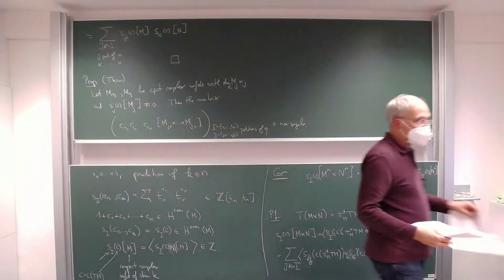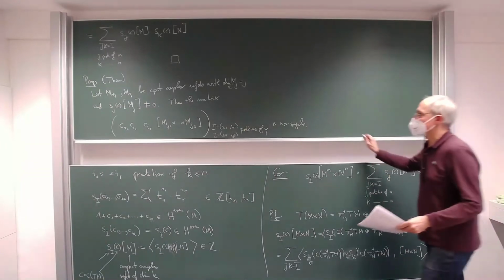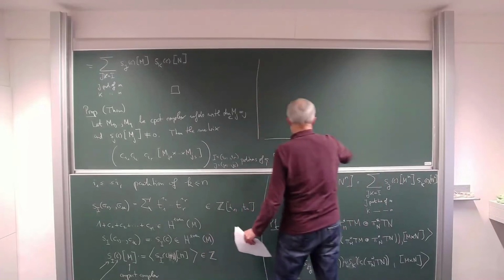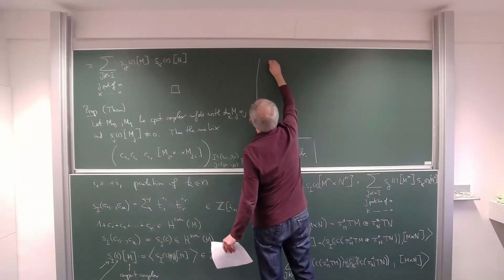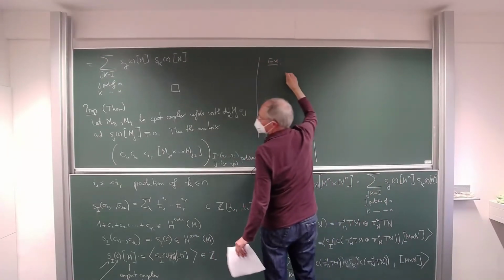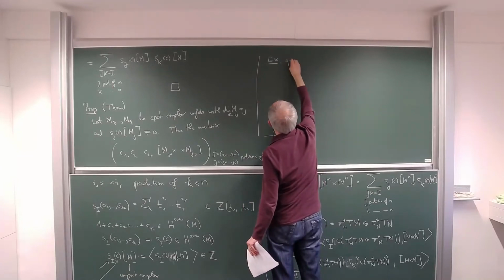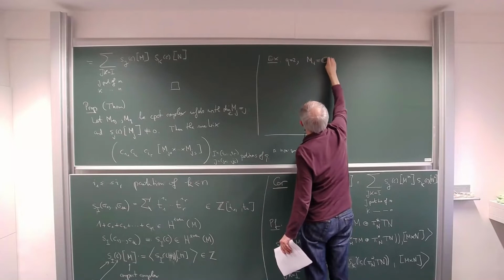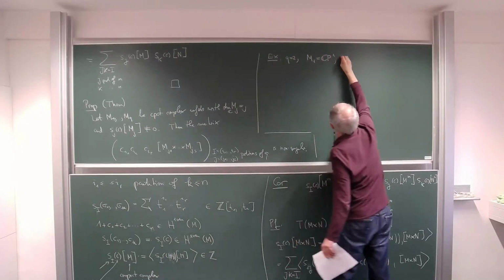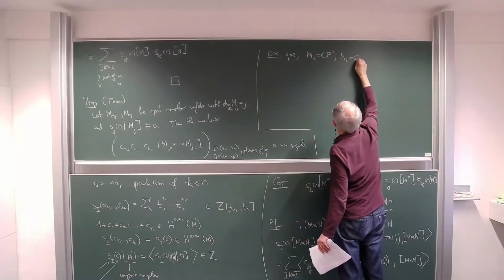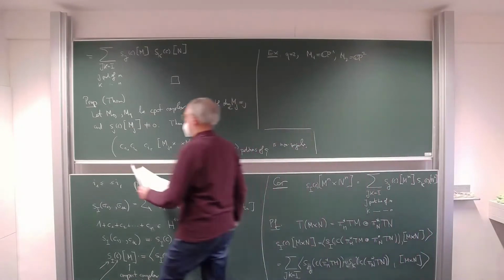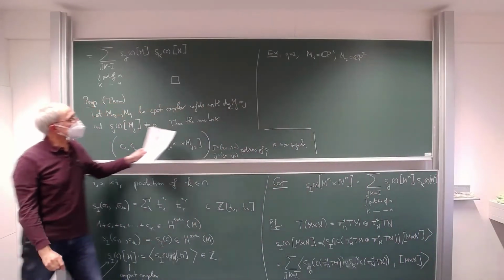So let's look at an example, a very simple one. In this case, Q is equal to 2. My first manifold is CP1, and the second one is CP2. And so we have the right dimension.